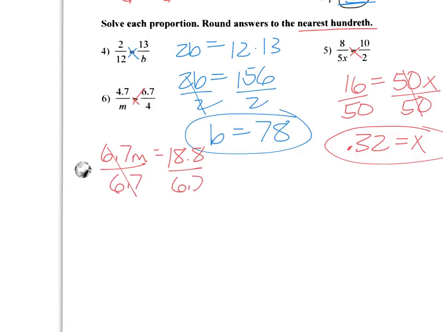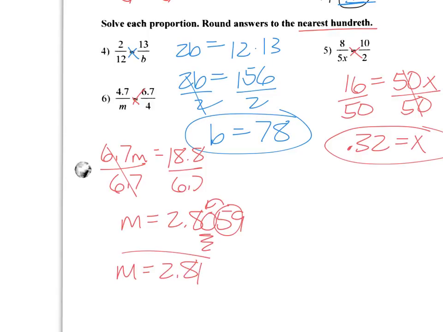So 18.8 divided by 6.7 gives me 2.8059. Okay, so to the nearest hundredth, that 5 is going to make that round up, so that's 2.81. So a real quick lesson on just solving basic proportions.